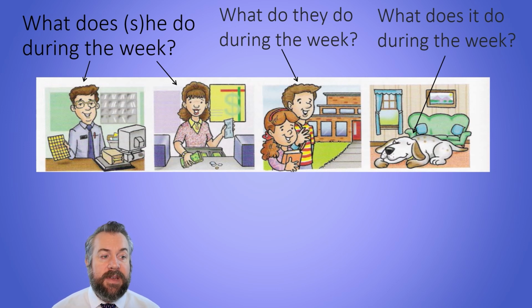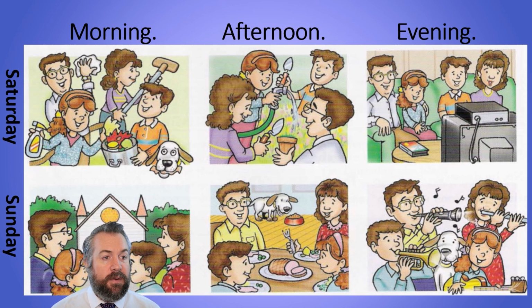And then we have these pictures for morning, afternoon, evening, horizontally, and Saturday, Sunday, going down. So we have Saturday morning, Saturday afternoon, Saturday evening, Sunday morning, Sunday afternoon, and Sunday evening. So what do they do on Saturday morning?